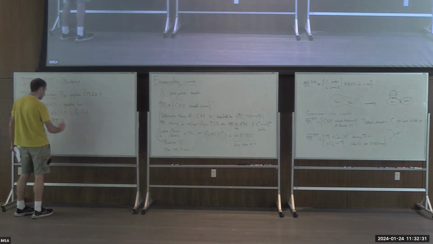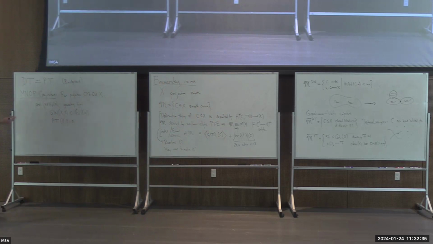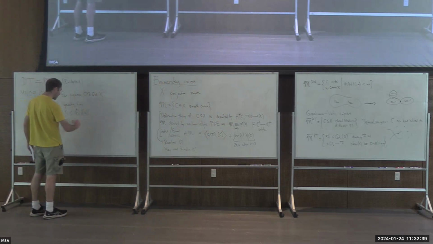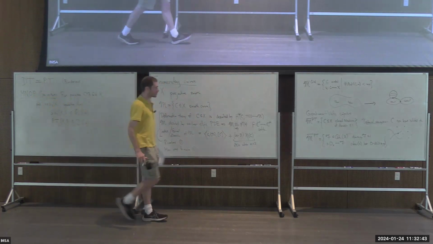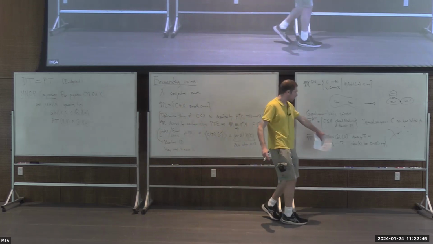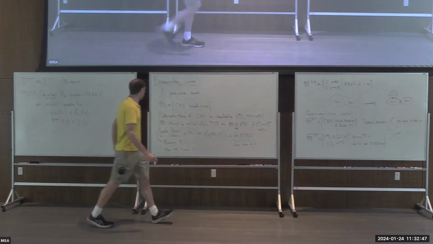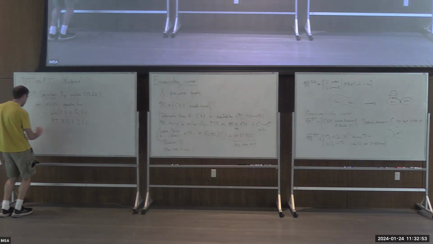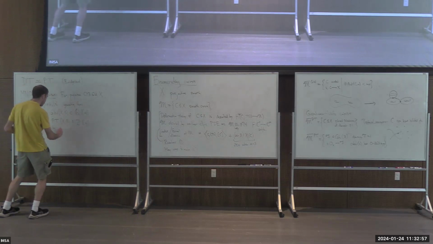Similarly, Pandharipande-Thomas invariants are indexed by a homology class, and now you can record the holomorphic Euler characteristic. These are related by changing variables, q equals minus e to the iu.